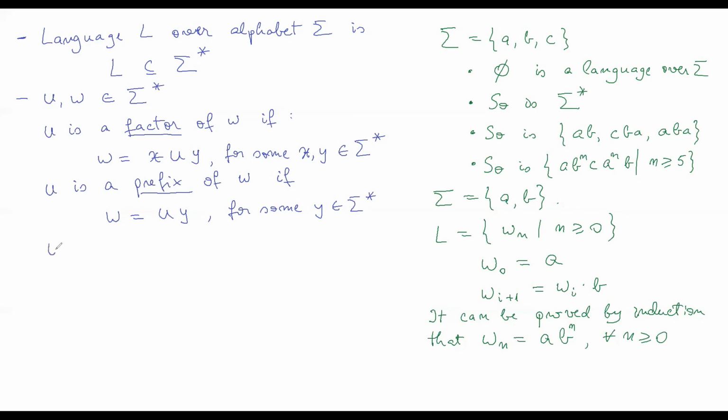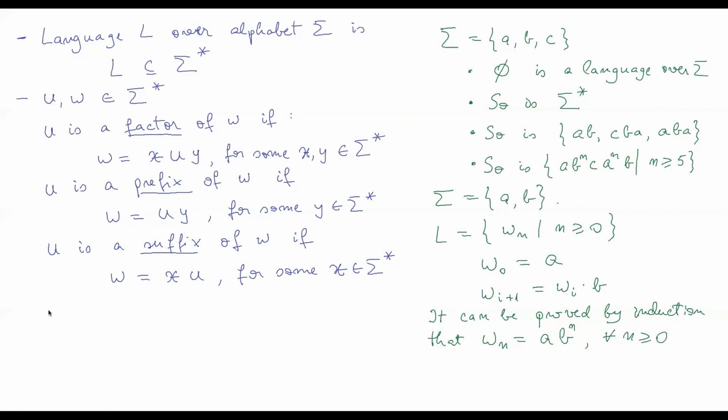And then we say also that u is a suffix of w if w is of the form x, u for some x in sigma star. So the notion of a suffix is that u is right here at the end of w.